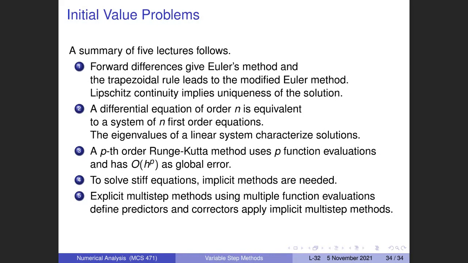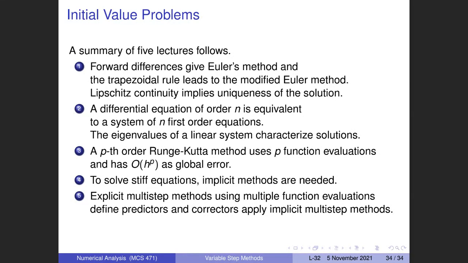For Runge-Kutta methods, a P-stage Runge-Kutta method uses P function evaluations, and the global error is also h to the power p. We encountered the need for implicit methods when we solved stiff equations, for which the explicit Runge-Kutta methods are not working quite well.